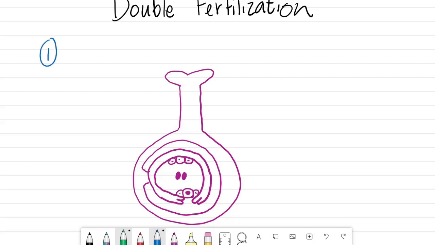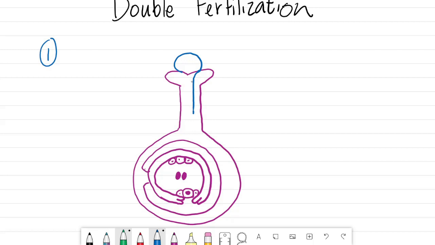So the first part of the double fertilization process is that the pollen grain will land or arrive on the stigma. It could land because it is being brought over by pollination agents such as wind, water, or insects. And once it lands, it absorbs the moisture on the stigma and it will germinate.